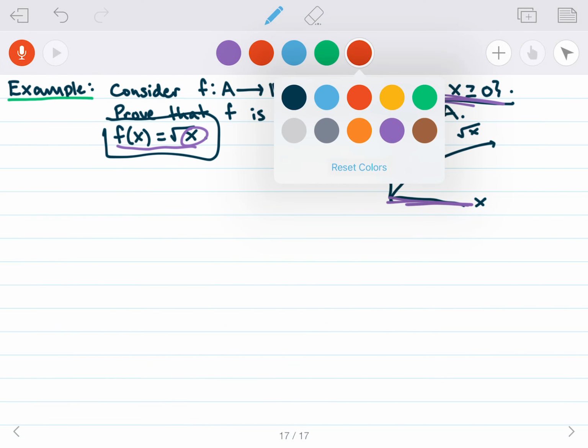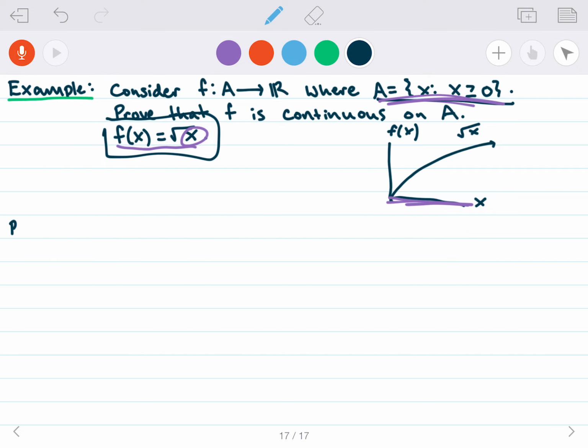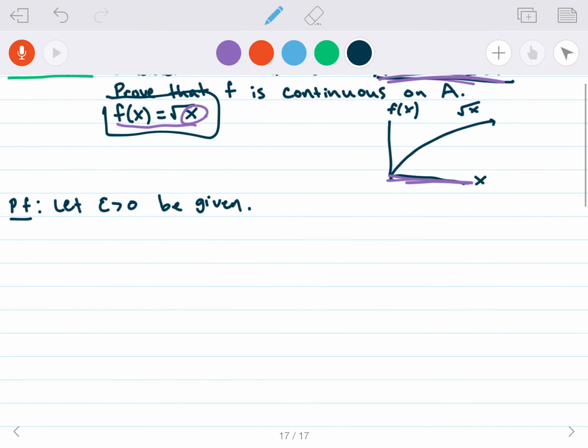All right, so here's the proof. Let epsilon be bigger than 0 be given. When c equals 0, so this was the second case that we proved, choose delta equal to epsilon squared.